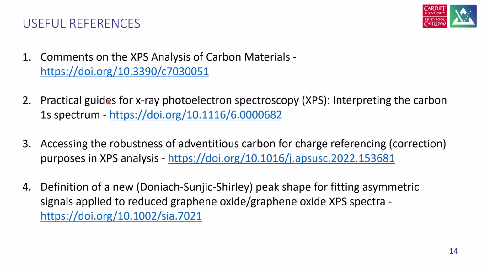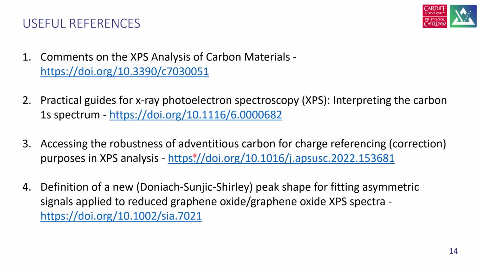There's a lovely set of practical guides for XPS, and there's one on interpreting the carbon 1s spectrum by Matt Linford and co-workers. That's a very interesting one to read because you can see how line shapes can affect quantification, and how subtle changes in the background can influence the spectra as well.